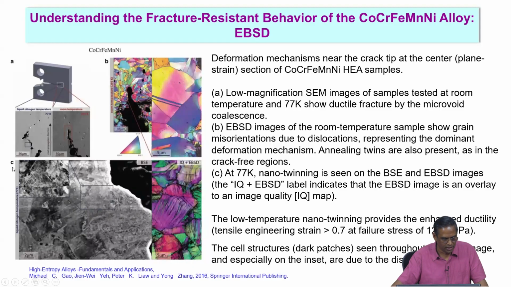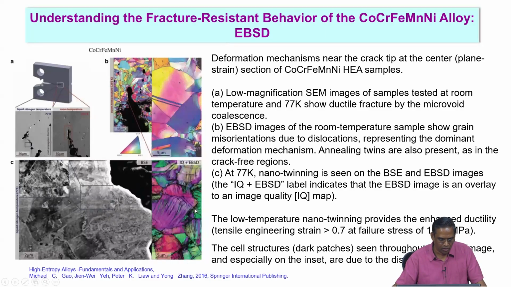What you are seeing at the bottom is the BSC image, and the BSC image has been zoomed from this region. The zoomed region is shown here, and the corresponding zoomed-region EBSD is also shown here. So the question to you is, what do you see from this?